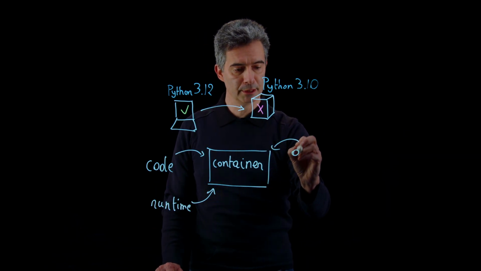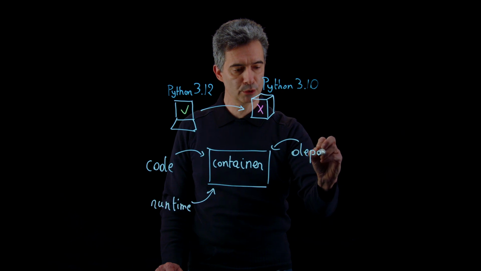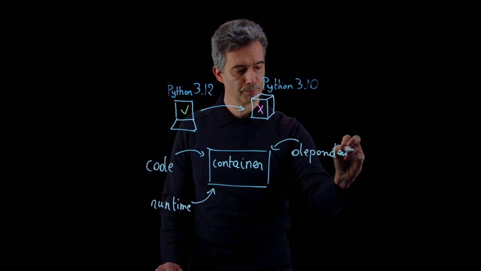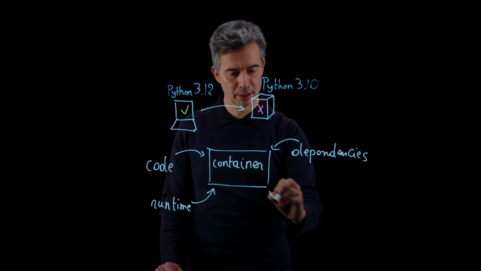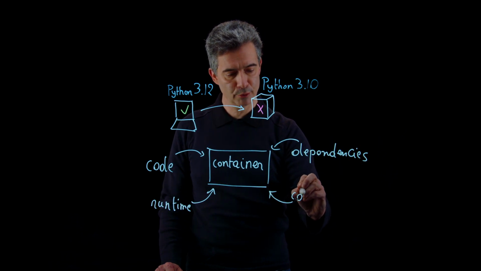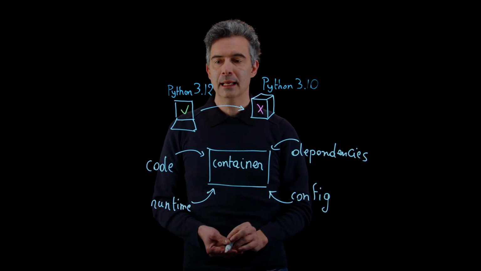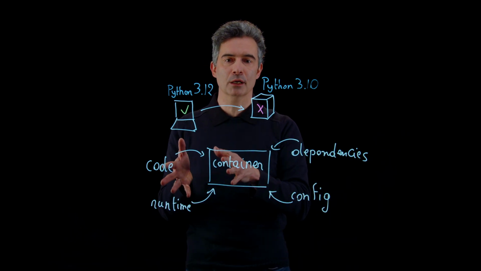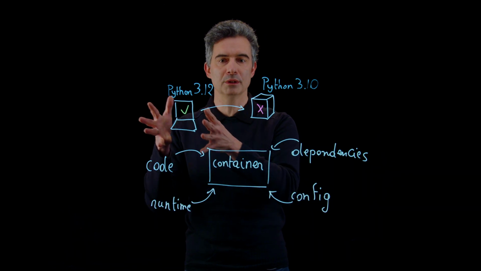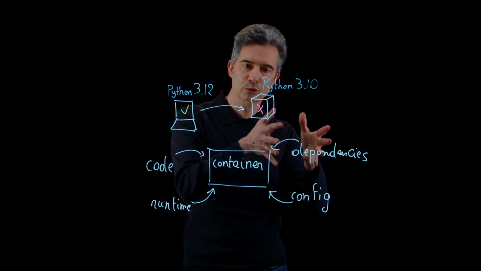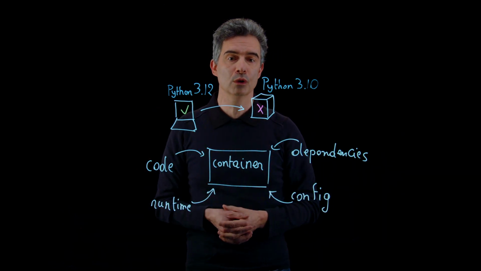Also, all the dependencies that we might need to run this code. And finally, any configuration that we require to run our application code. And this way, once we've developed our code inside a container, all we need to do is move the entire container to the server and everything will run smoothly.